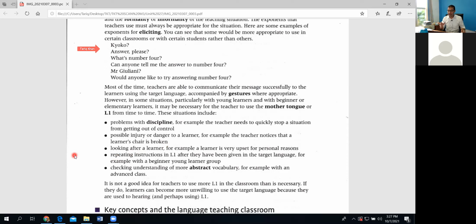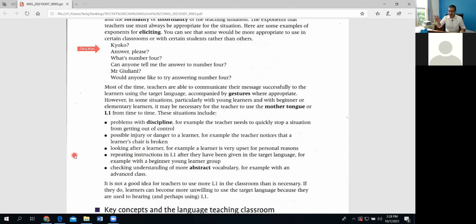So when the child is playful, and the teacher sees that the child is running this way, may get stuck with something, or may fall, or may get injured, at that time, to get quick attention, it's better to talk in Sinhala, the mother language, whatever it is.